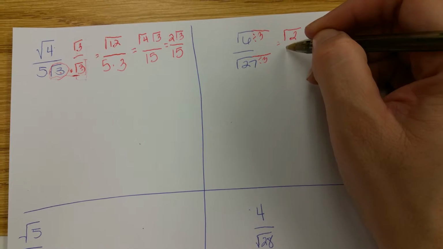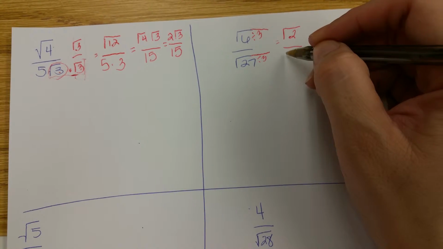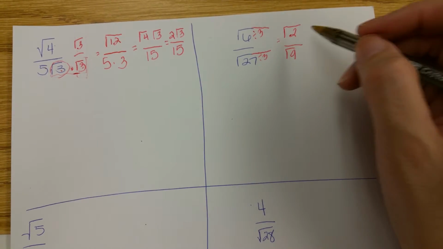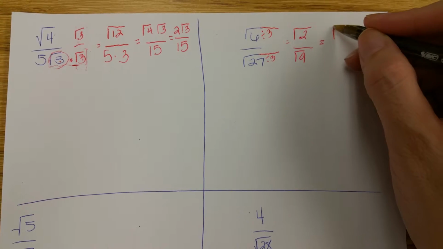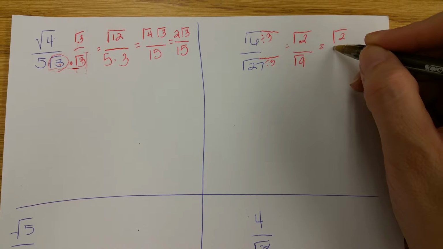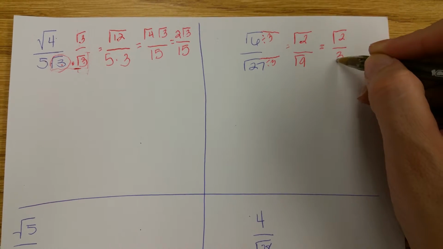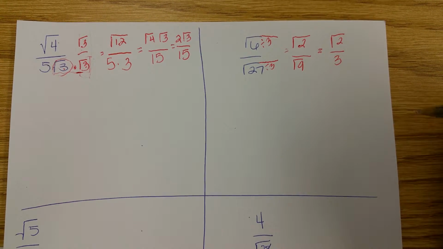Over here, I get the square root of 2, and on the bottom, I get the square root of 9. Well, the square root of 2, we're kind of getting used to the fact that that is the smallest square root we can deal with, and the square root of 9 is just a whole number 3.